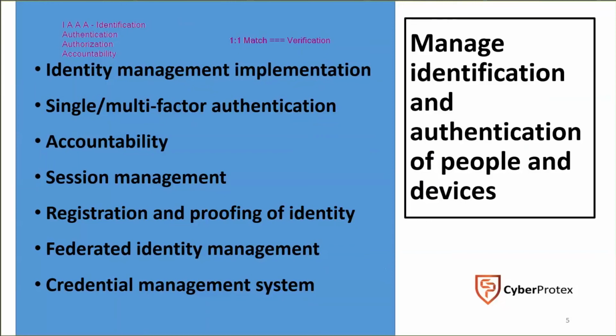And because of that, a lot of times what we typically will see is a flow of identification, authentication, authorization, and then access to a resource, and then accountability or auditability to that resource.